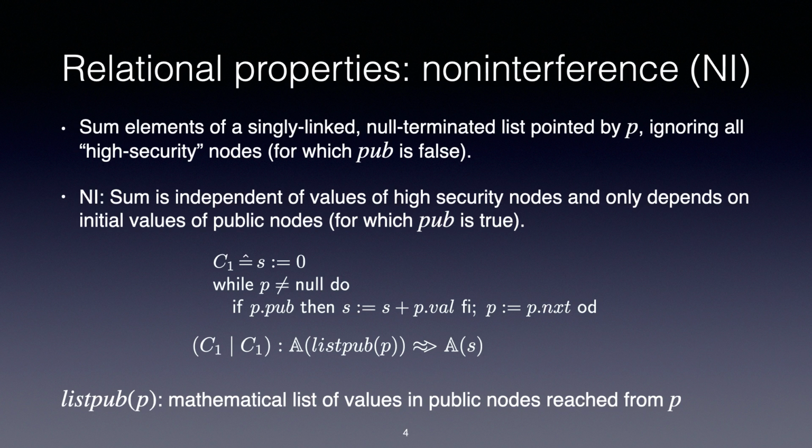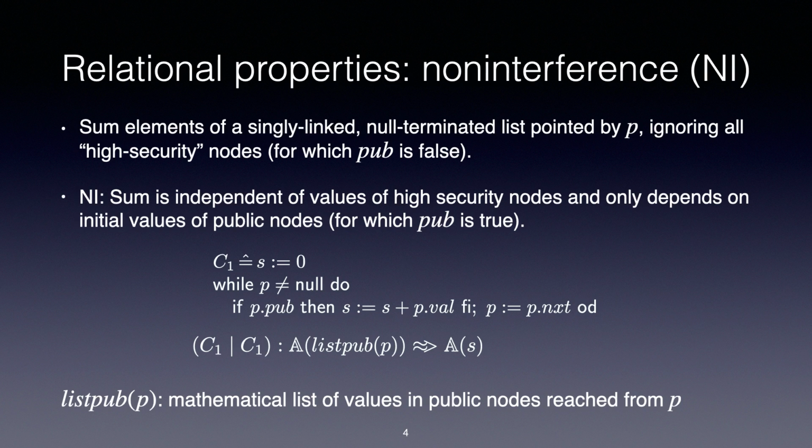Sometimes the property that you may be interested in is relational by itself, like noninterference. And here is an example of that. So suppose we want to sum the elements of a singly linked null terminated list pointed by P, ignoring all high security nodes for which the flag pub is false.